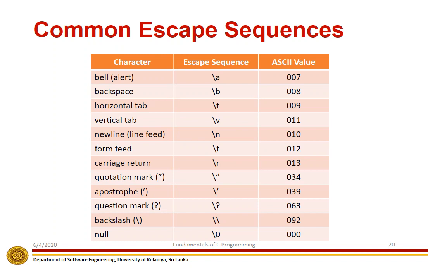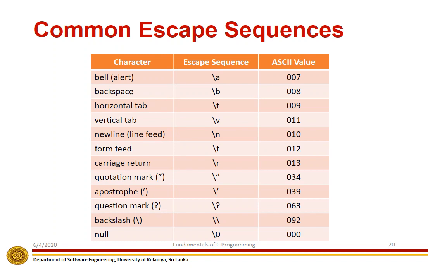Then quotation mark, \". Then the apostrophe, \'. For the question mark, \?. Then for the backslash, you have to put two backslashes, and for the null value, \0. And you can see their ASCII values also in the rightmost column.